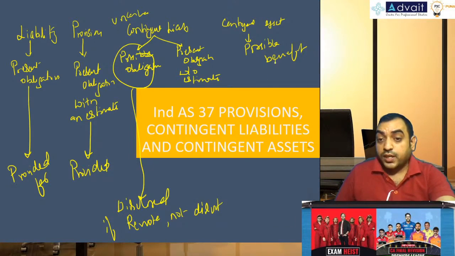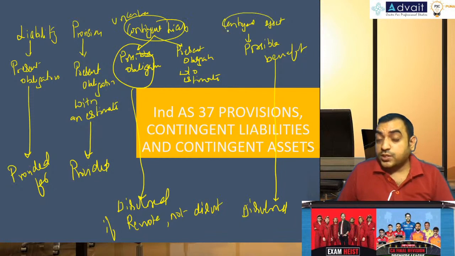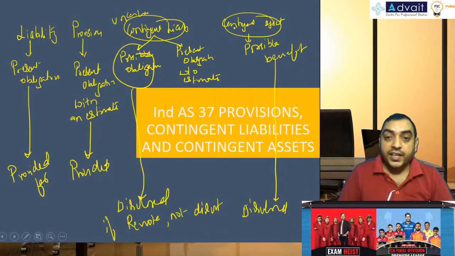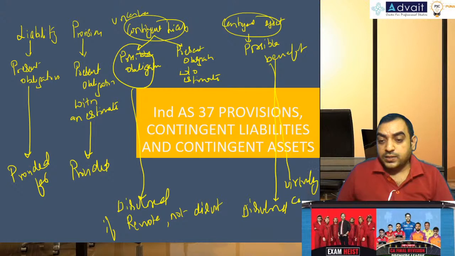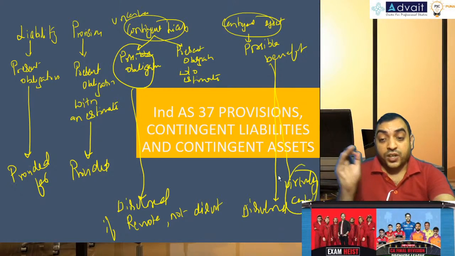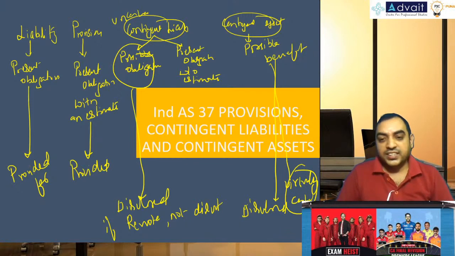Contingent asset is disclosed. Again, contingent liability is disclosed and contingent asset is also disclosed as per Ind AS. But as per AS 29, contingent liability is disclosed, but contingent asset is not disclosed. When will you recognize it? When it is virtually certain, it is recognized both under AS and under Ind AS. This is the broad overview of it.